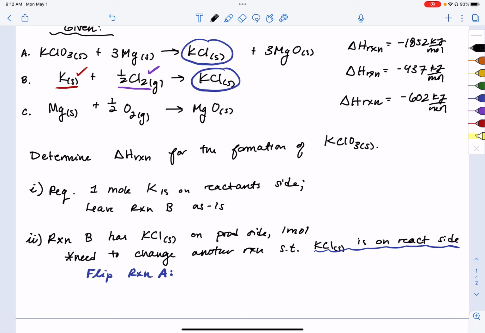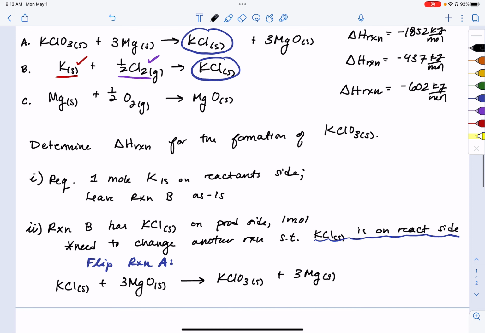So if I flip reaction A, that means its products are now reactants. So I'll have KCl solid coming together with 3 magnesium oxides to form KClO3 solid and 3 magnesium solid.